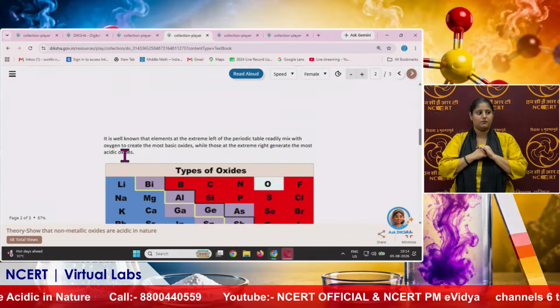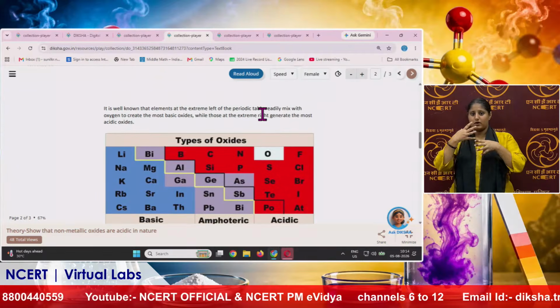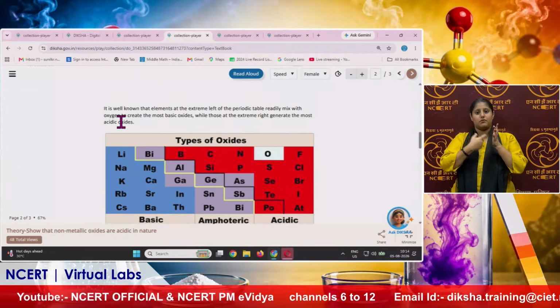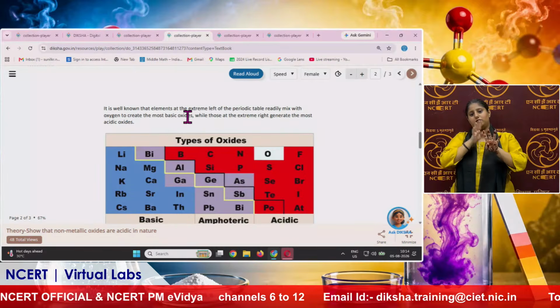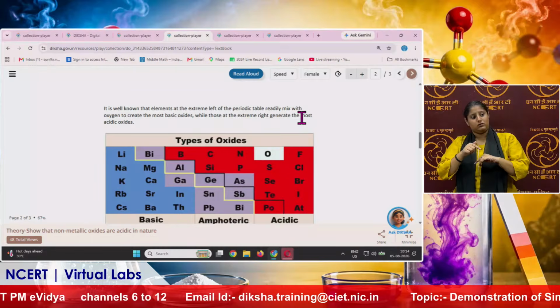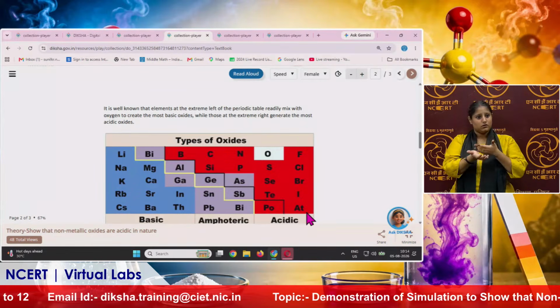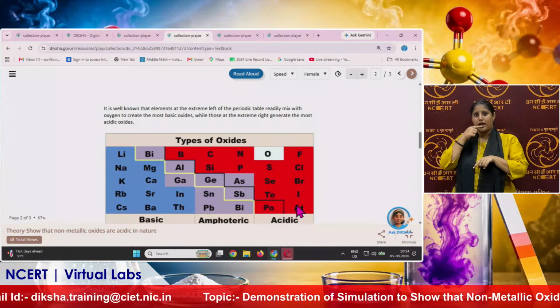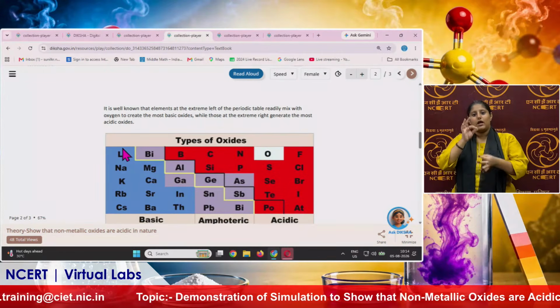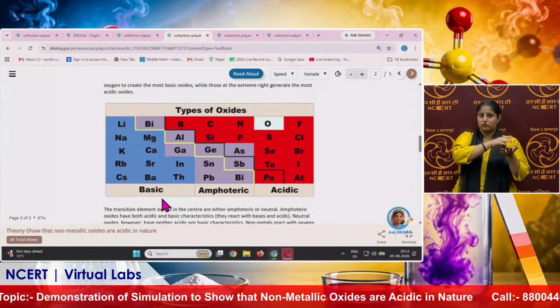It is well known that elements at the extreme left of the periodic table readily mix with oxygen to create the most basic oxides, while those at the extreme right generate the most acidic oxides. The extreme right is this, represented with red color. So they form the acidic oxides, and the extreme left forms the basic oxides.